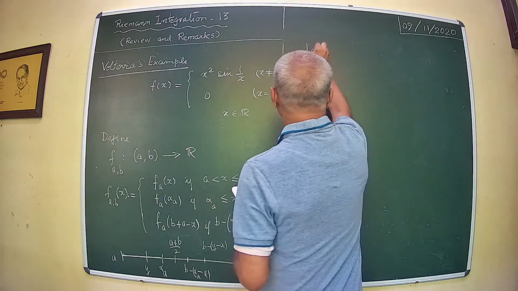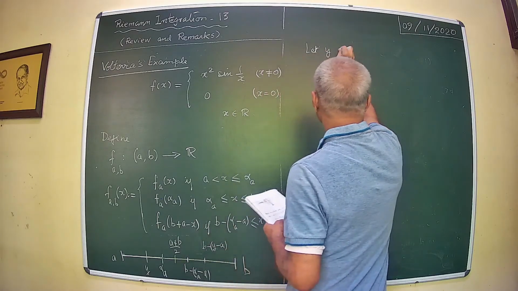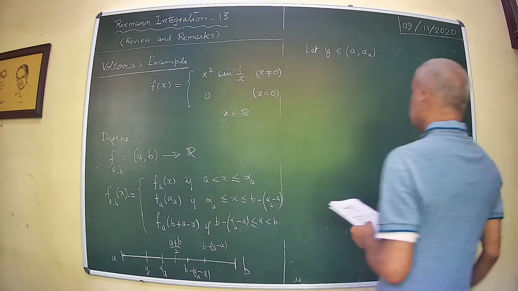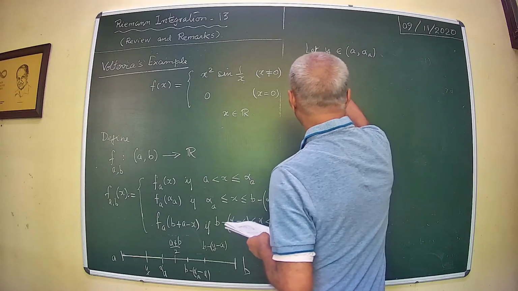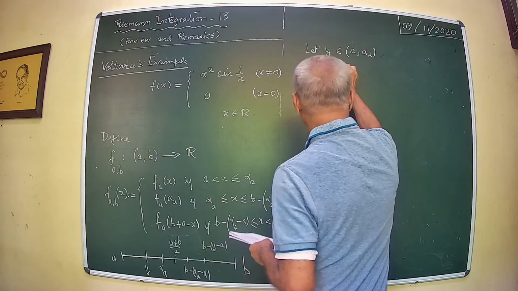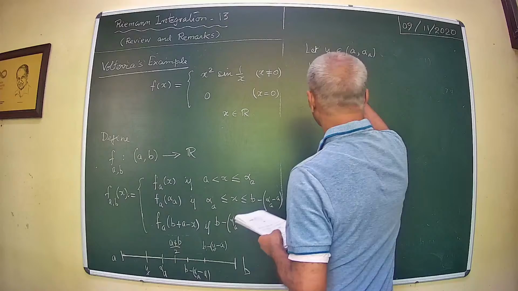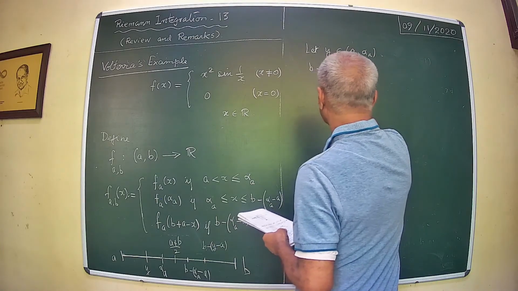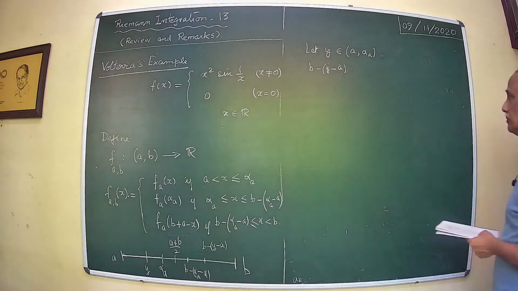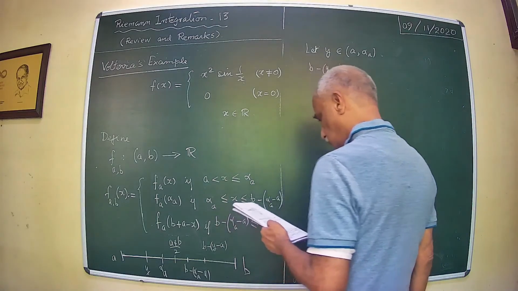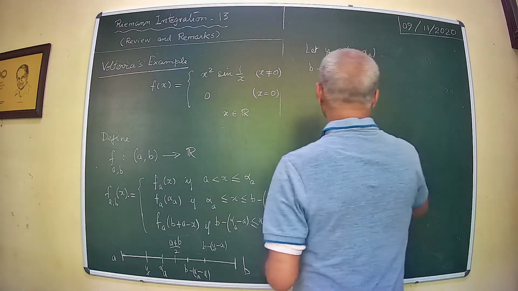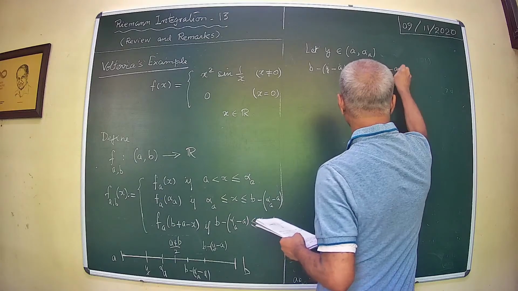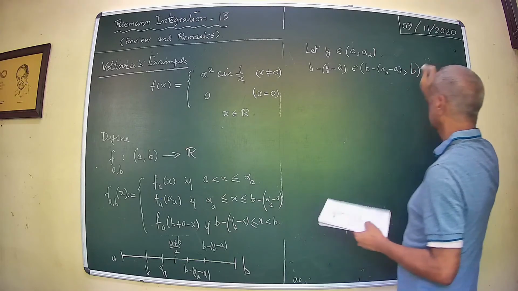So let y, oh sorry, b minus (y minus a) belongs to this interval, up to b minus (alpha_a minus a), and this is what we observe.